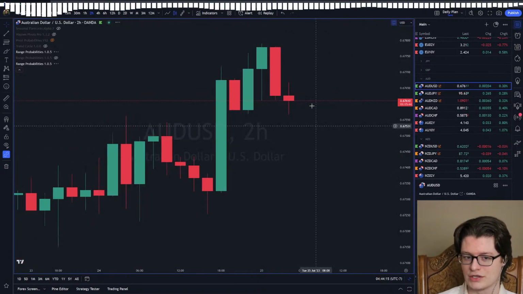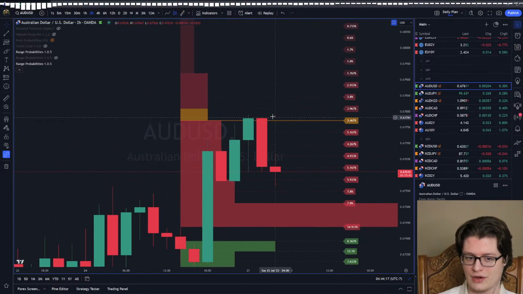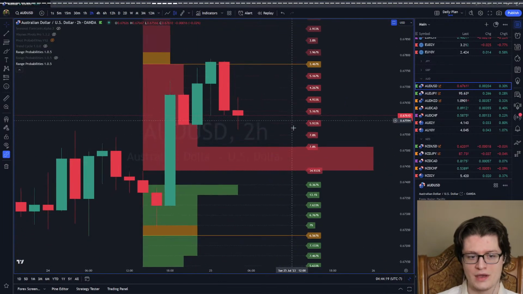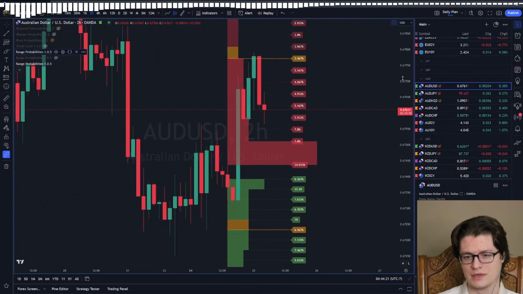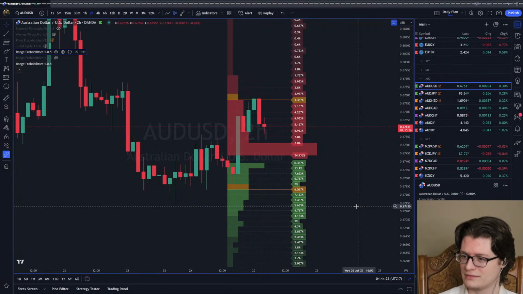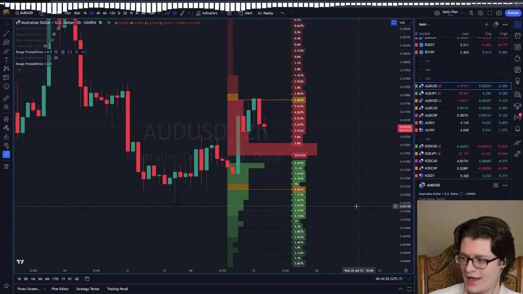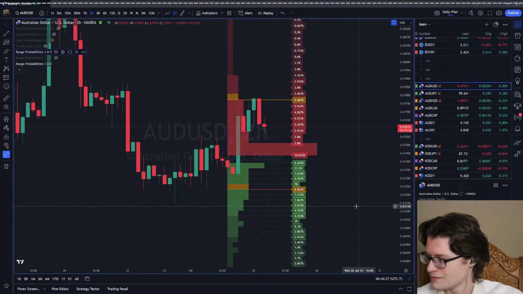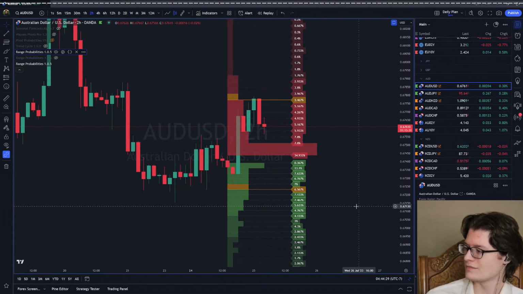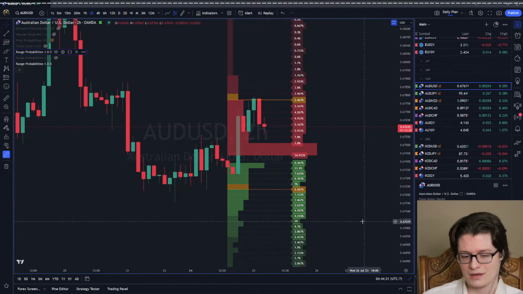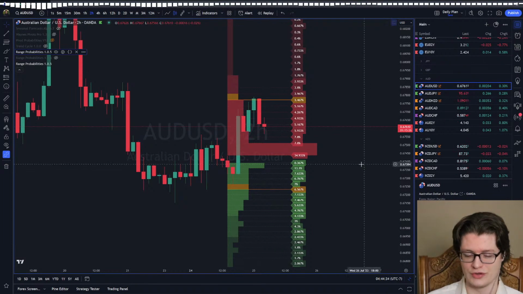And then also I was able to allocate some here. I think longer term Aussie dollar's got a bit of a problem ahead of it. Let me go ahead and illustrate.